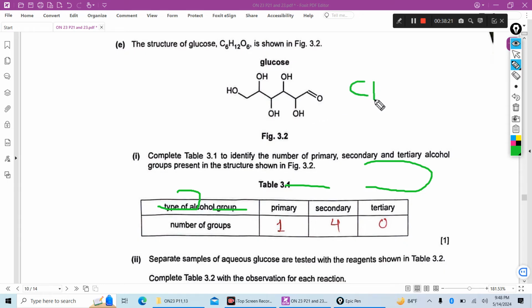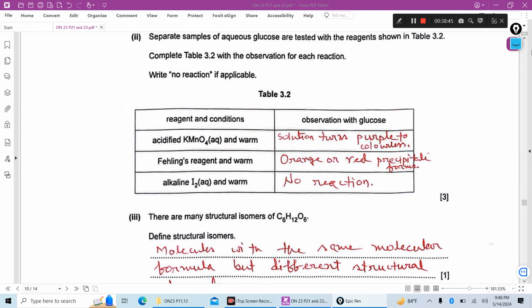Secondary alcohol means a CH3CHOH group must be present, or a methyl ketone CH3CO group must be present to give the iodoform test. So glucose has no such group, also the methyl ketone group is absent. That's why observation will be no reaction or no observation.